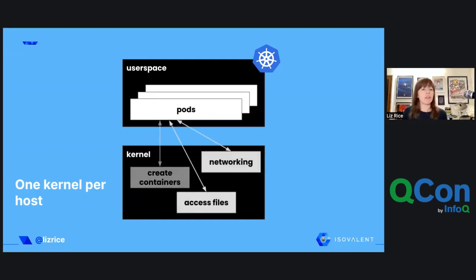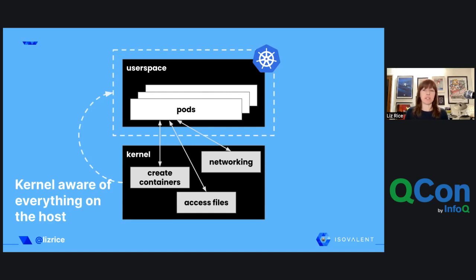And whenever those applications in pods want to do anything interesting, like read or write to a file, or send or receive network traffic, whenever Kubernetes wants to create a container, anything complicated involves the kernel. So the kernel has visibility and awareness of everything interesting that's happening across the entire host.